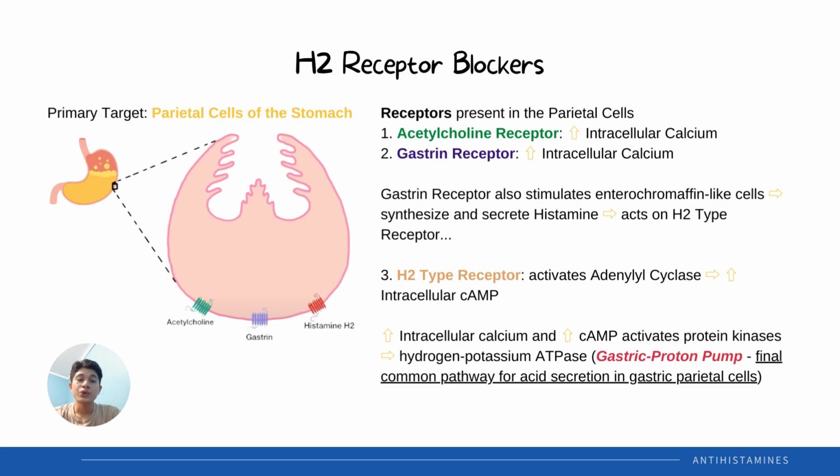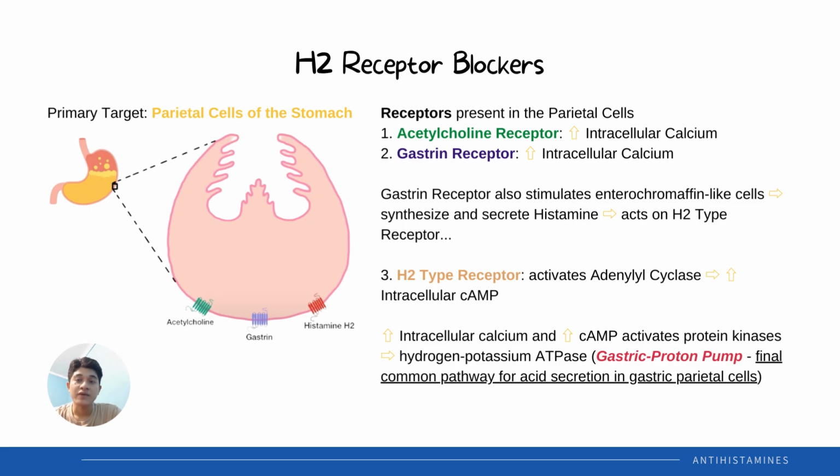Next are H2 receptor blockers. To understand how this drug works, first we need to take a closer look at their primary target, that is the acid-producing parietal cells of the stomach. Parietal cells have three types of receptors which control acid production, that is the acetylcholine receptor, gastrin receptor, and histamine H2 type receptor.